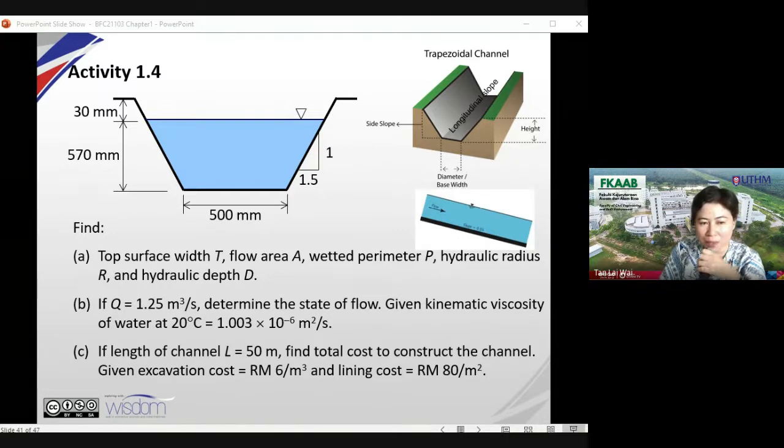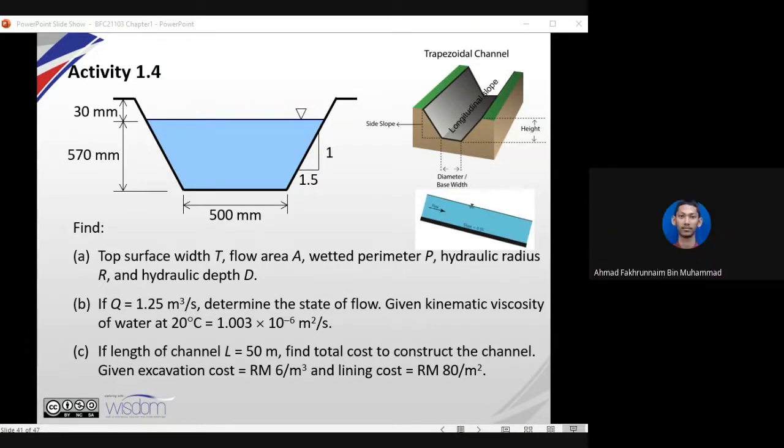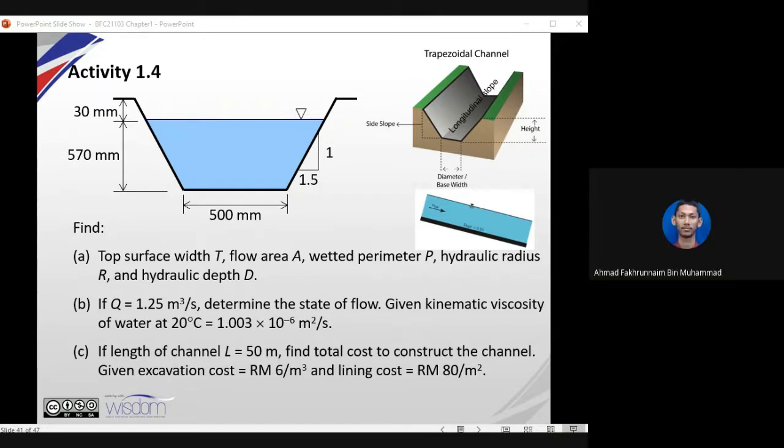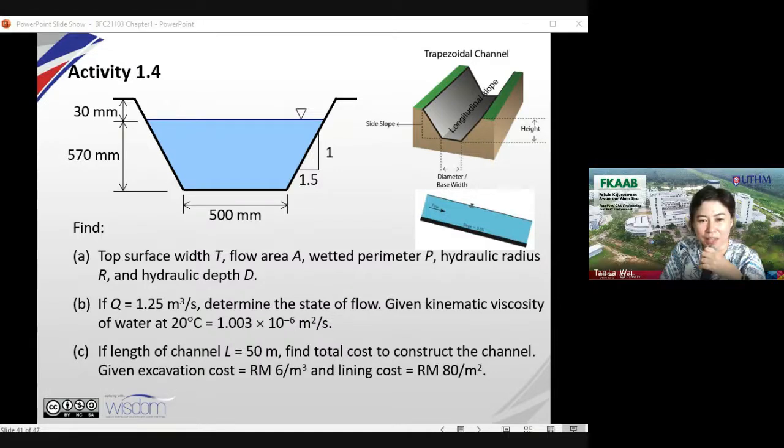Kalau Fatimah baca soalan 1.5 tadi, dia kata total depth of flow is 3.6. Jadi kalaulah the main channel tu portion dah bagi 3 meter, selebihnya 0.6 meter. Boleh?